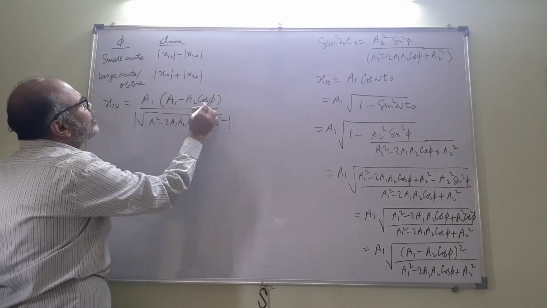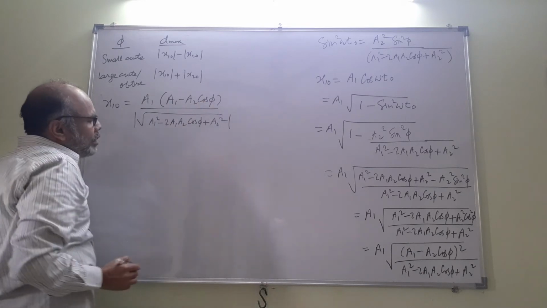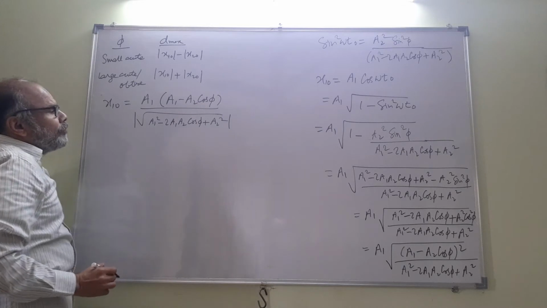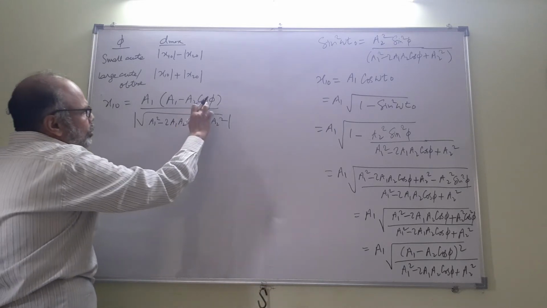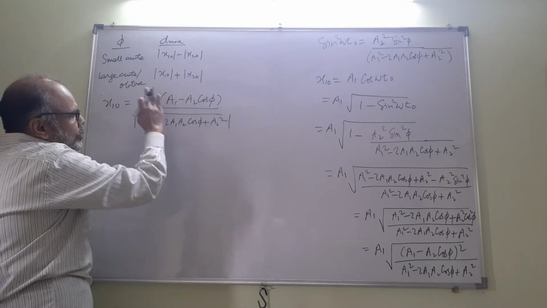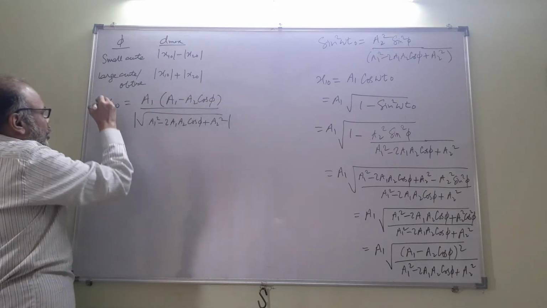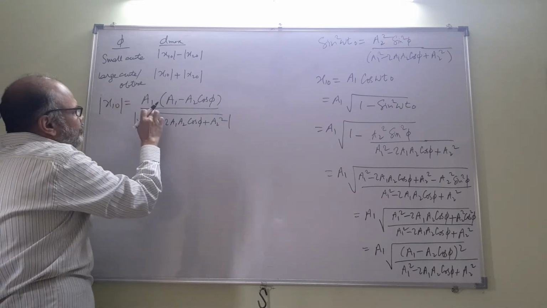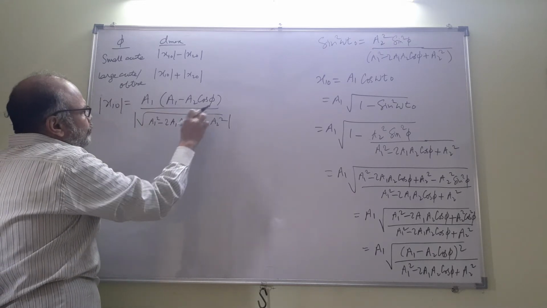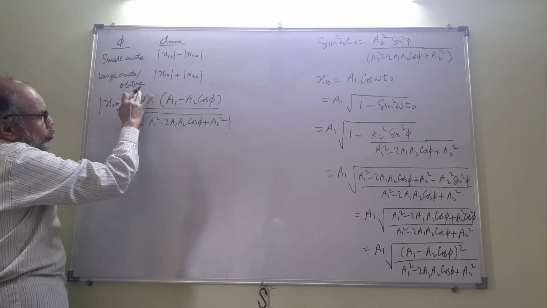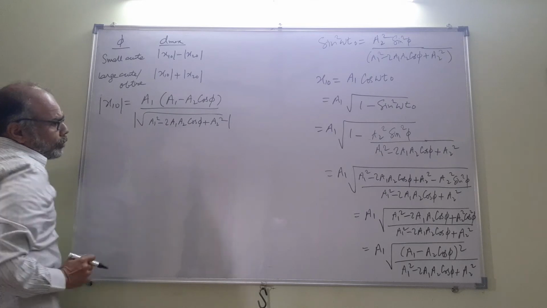So this quantity is positive when phi is acute. It will also be positive when phi is obtuse, because when phi is obtuse, cos phi will be negative, this quantity will become positive, the overall quantity will be positive. Therefore I can say mod of x1 naught would be a1 into this for all values of phi, whether small acute, large acute or obtuse, this will be the value of x1 naught.